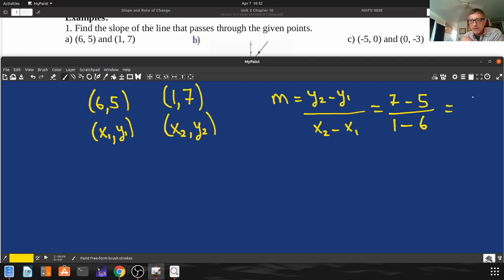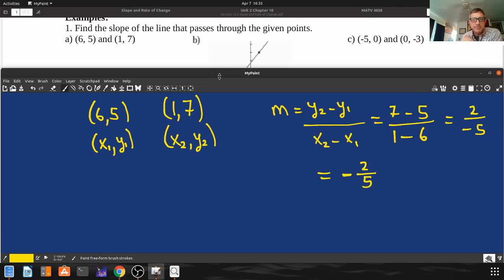So 7 minus 5 is 2, and 1 minus 6 is minus 5. So the slope will often be written as minus 2/5, where the minus is just in line with the division line. So let's do the next one.